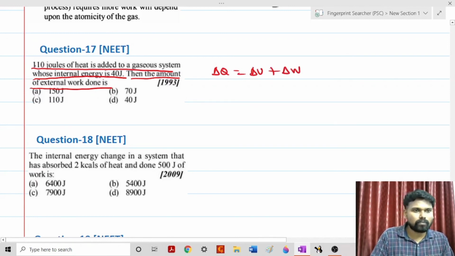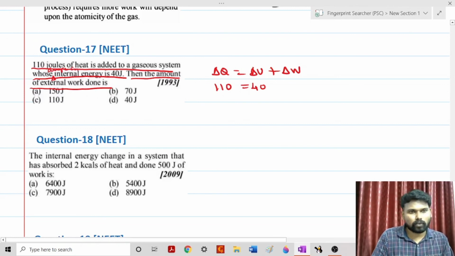What is given in the question? Heat added is 1 ton joule. Internal energy is 40 joule. Actually, this is not the internal energy, it is the change in internal energy. There is something missing here. We can do the question only if it is the change in internal energy, so there is a mistake.